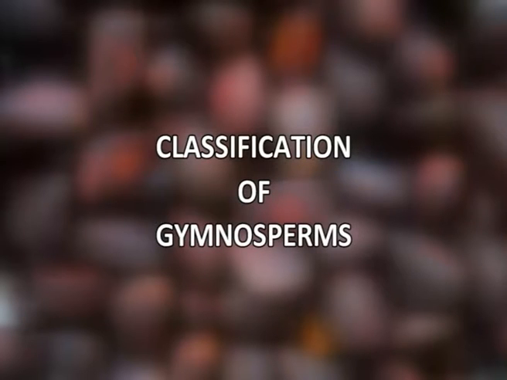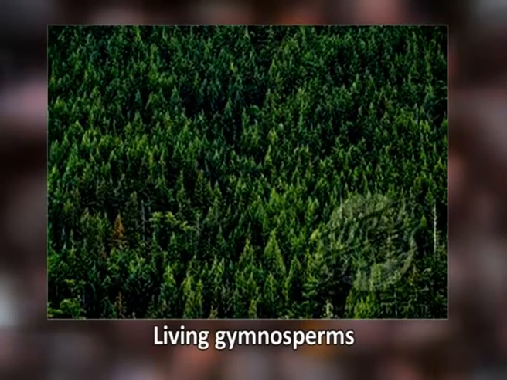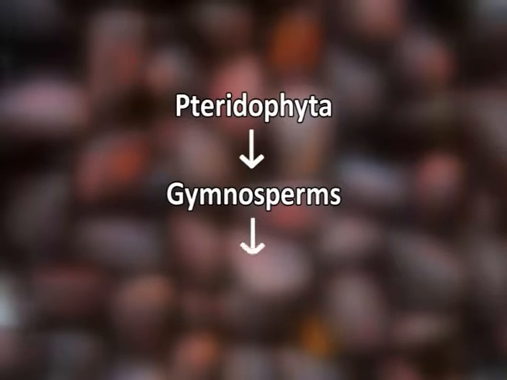Classification of gymnosperms. Gymnosperms include a number of fossil and living forms. They include the primitive members of the seed-bearing plants or spermatophyta and form a link between the pteridophyta on the one hand and the angiosperms on the other. Various attempts have been made by different workers to classify gymnosperms.